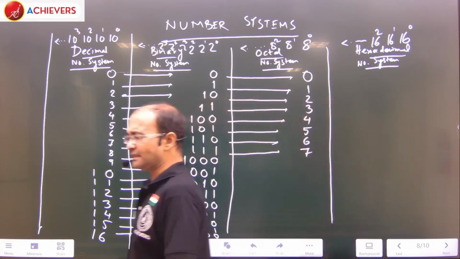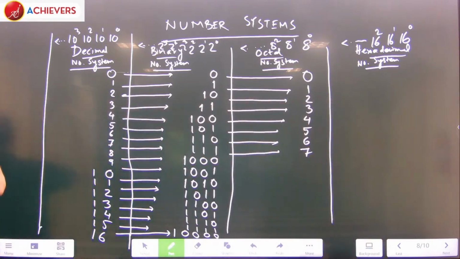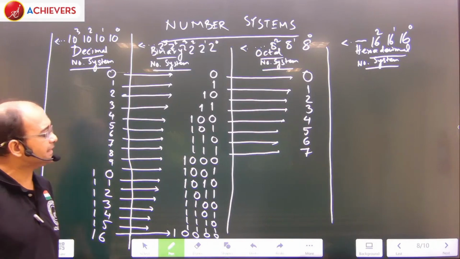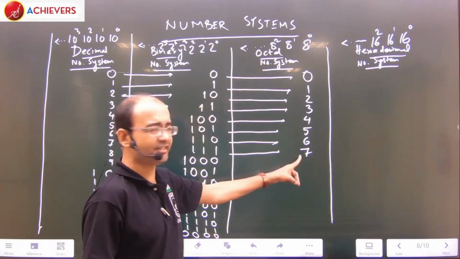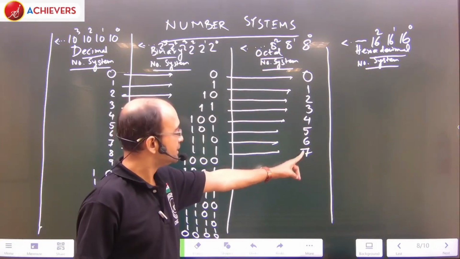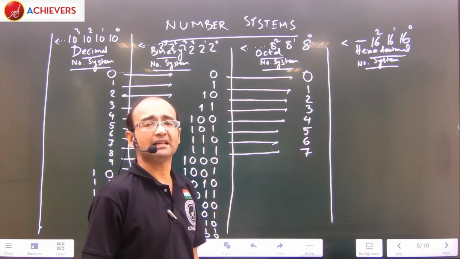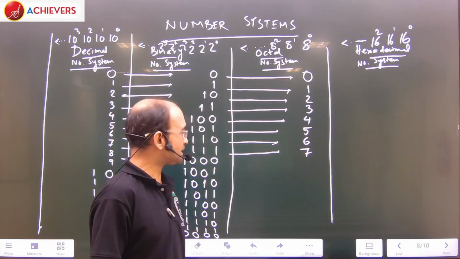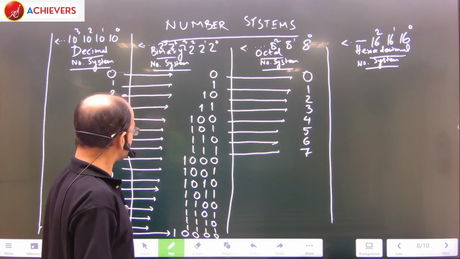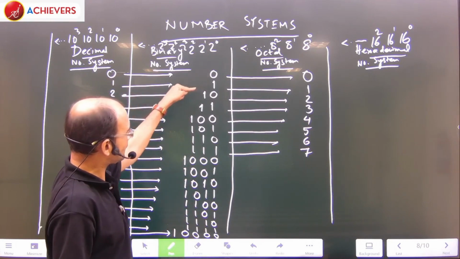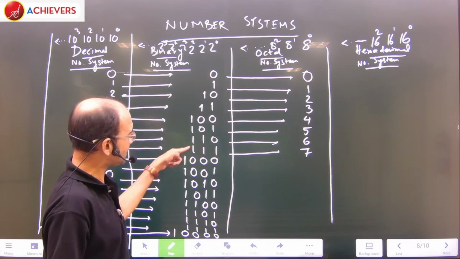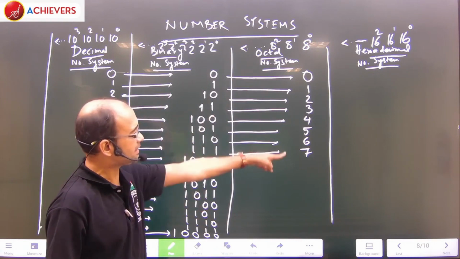So up to 7, we can just represent it as 0 to 7, because in octal we have 8 digits, as I already explained. So 0 to 7 are 8 digits representing 0 to 7. So 0, 1, 1, 0, these are the binary equivalents up to 1, 1, 1, and these are the octal equivalents.